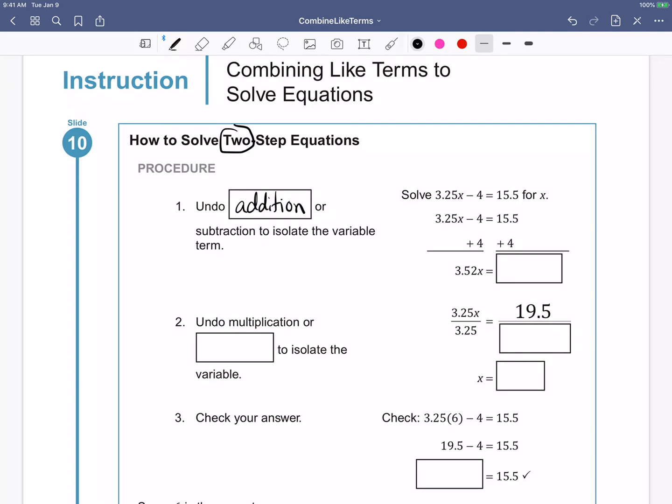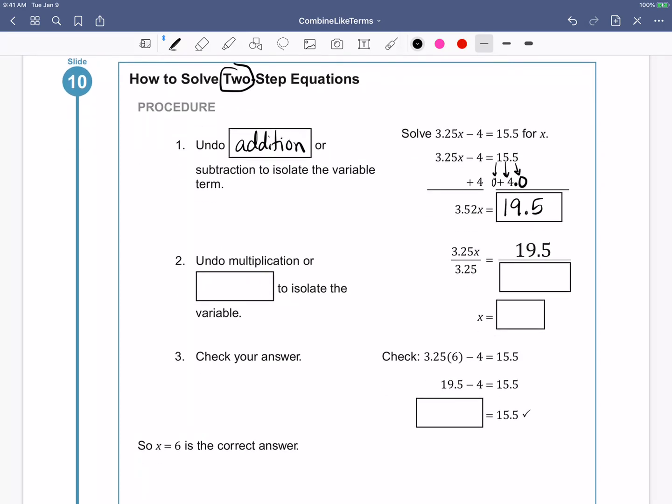So here's my example. 3.25x minus 4 equals 15.5. So my first step is to add that 4 to both sides, get rid of it. That's going to give me 19.5, right? Remember, this is really 0.0, so that lines up with that, and there's nothing to line up with that 1. So it becomes 19.5.